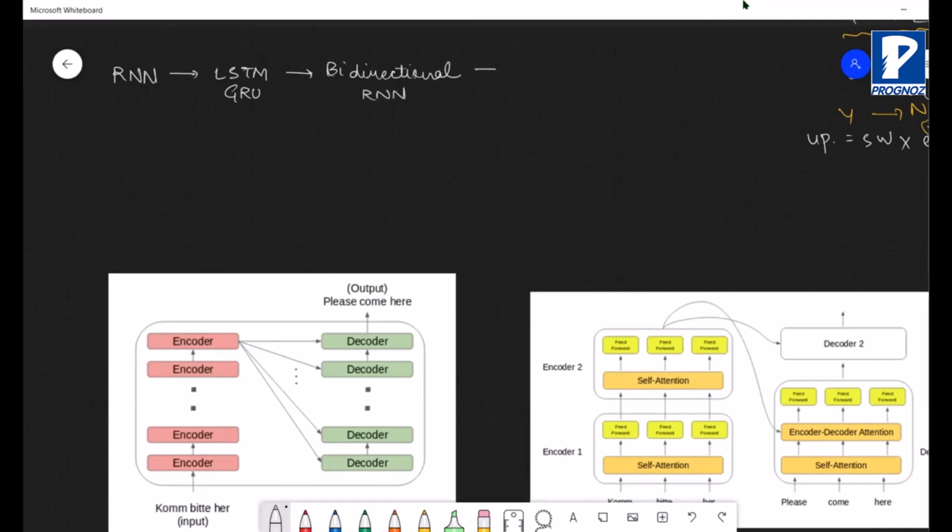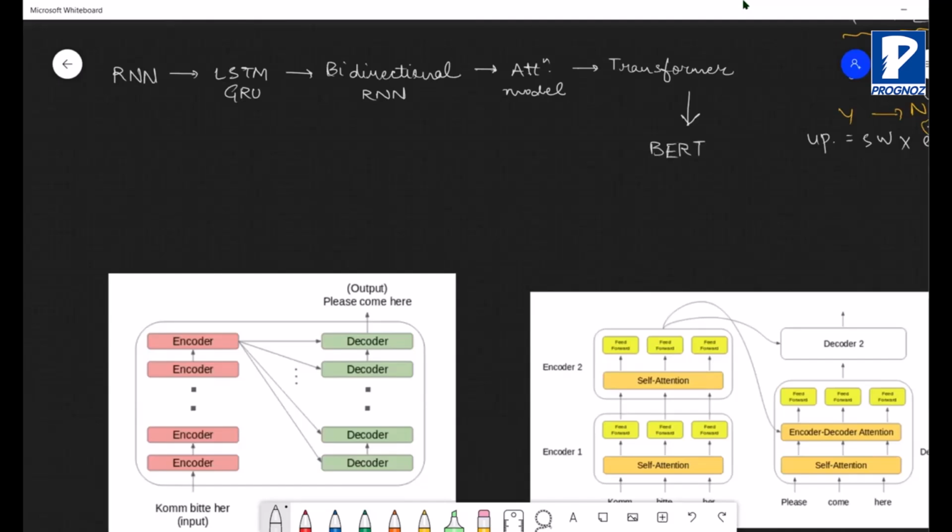Then you have the attention model. Okay, up to here we have seen the things, we know how things work. Up to here everything, I guess, is clear to you. Then after the attention model, you have a recent advancement known as transformer, and after transformer, you have BERT.